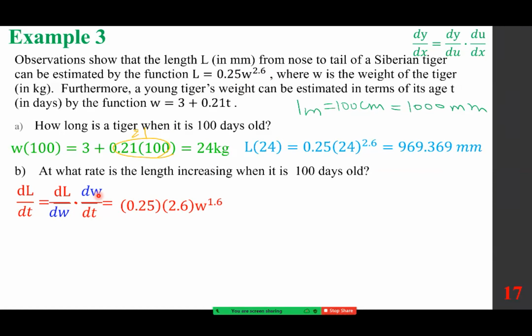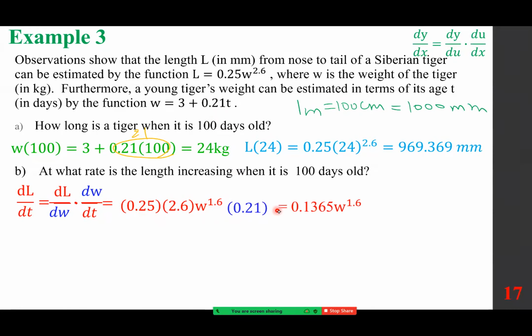What about dW/dt? Take a look. dW/dt is simply 0.21. If I want to put them all together, I'm going to multiply this number by this number by this number and put it in front.